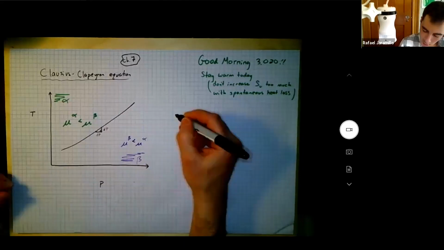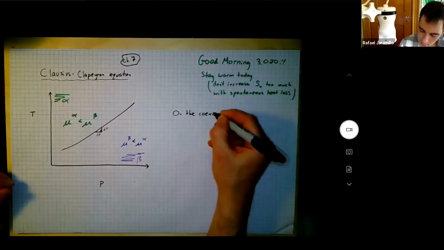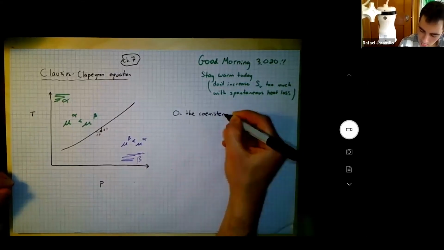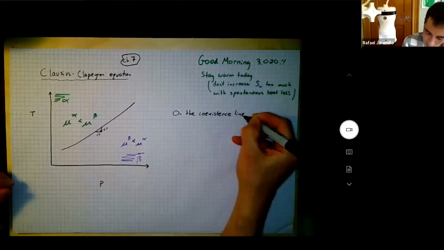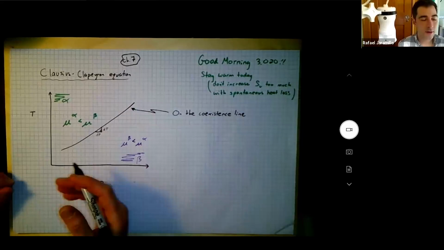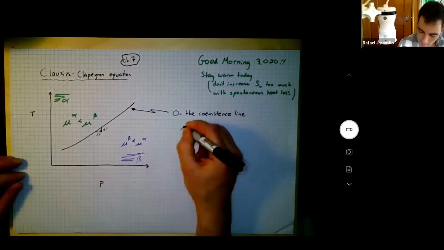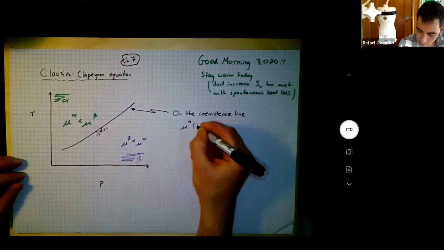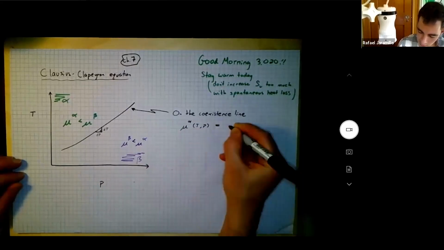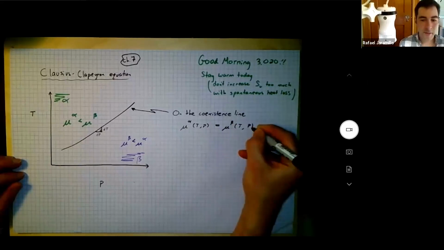But on the coexistence line, right, last time we developed the conditions for two-phase equilibrium. So on that coexistence line, mu of alpha, which is of course a function of temperature and pressure, equals mu of beta, which is a function of temperature and pressure.